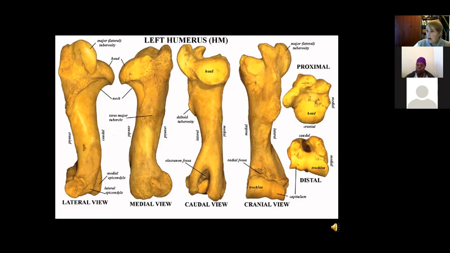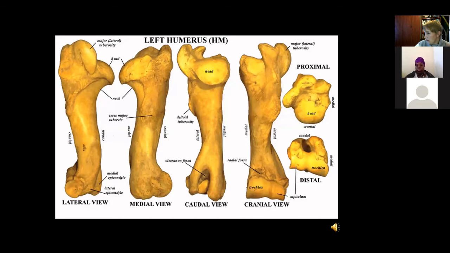That is where the scapula articulates. You can feel it in your shoulder as you move your shoulder against your scapula. And if you make a fist and you place it next to the cranial view at the bottom, the distal view, that is very diagnostic for the humerus. It looks like a fist.